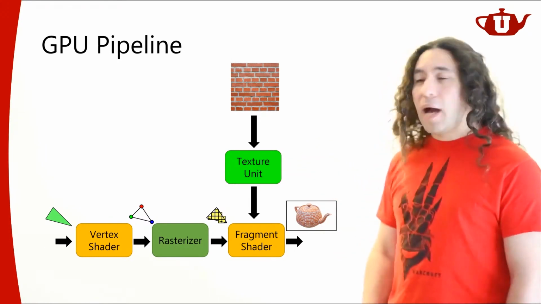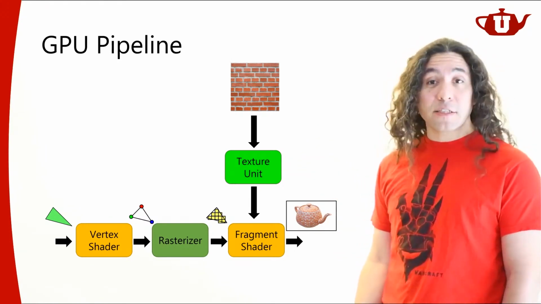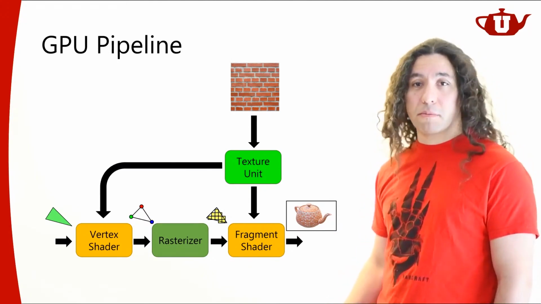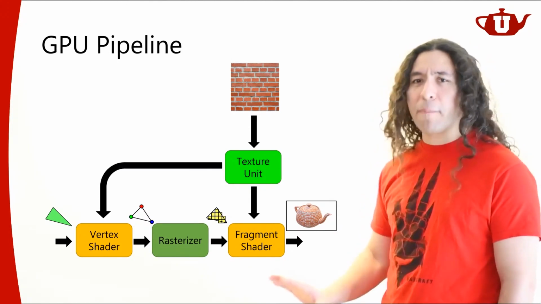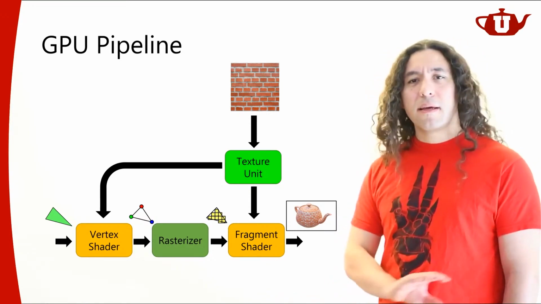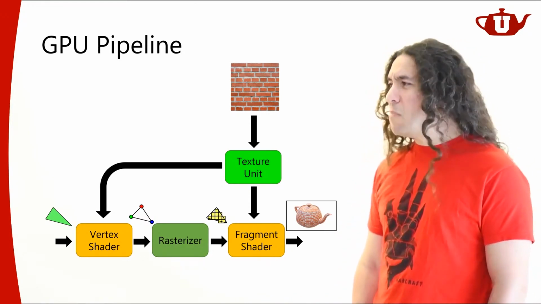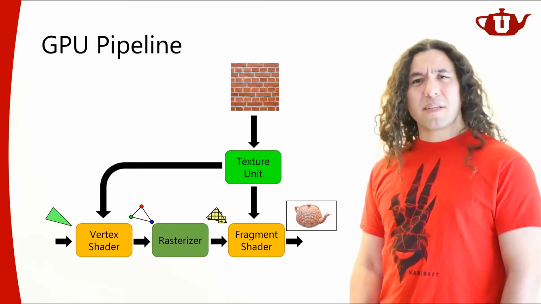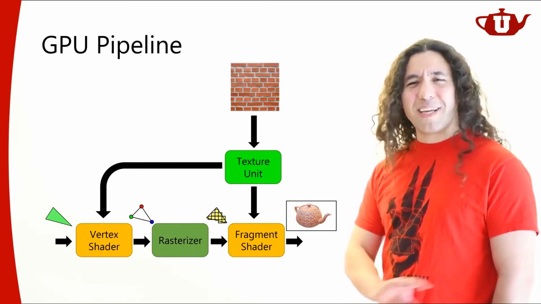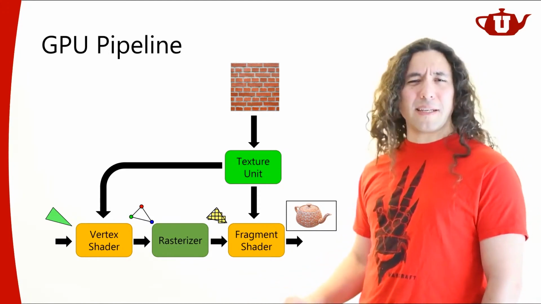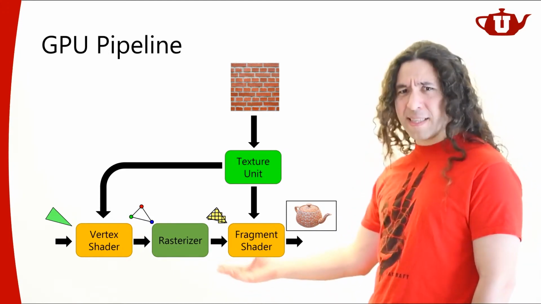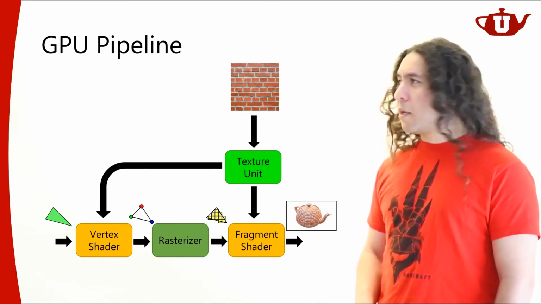It doesn't have to. I can access textures in my vertex shaders as well. That's definitely possible, and it happens exactly the same way. There isn't much of a difference, except that mipmap filtering becomes a little different. But it doesn't matter. The GPU will handle that. You can just ignore that.